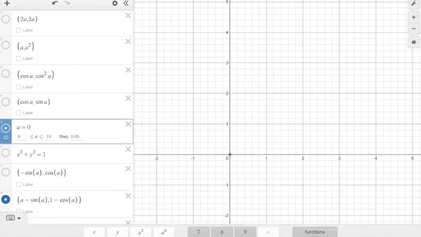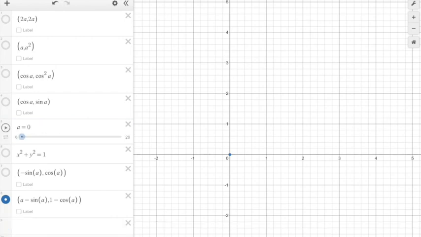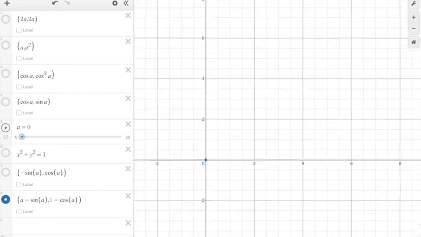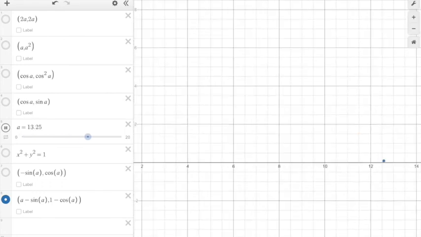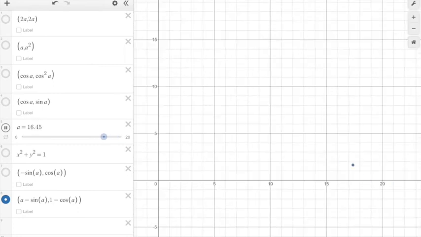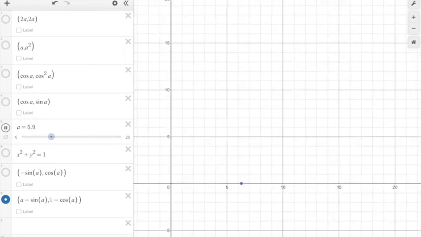Now let's pay attention. Let's make it longer, let's go from here to 20. Let's see how the tire is going to work. This is backwards already. Let's see forward.